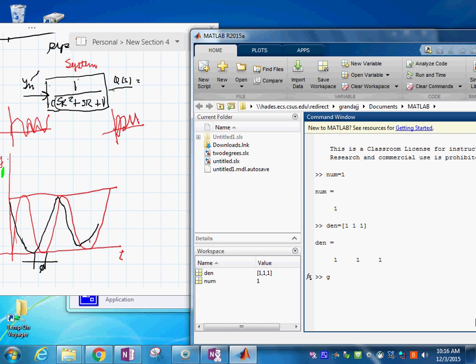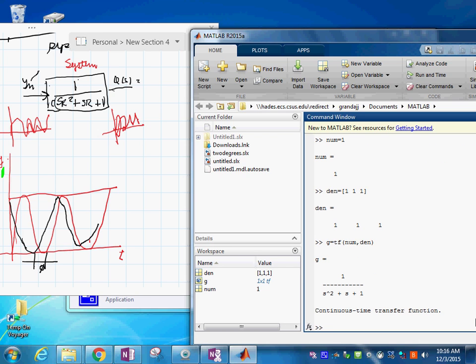And you have the transfer function G equal to tf of the numerator and the denominator. And so I get the transfer function here.